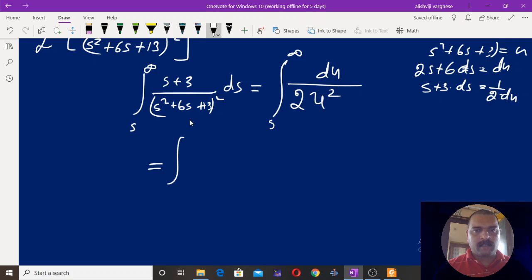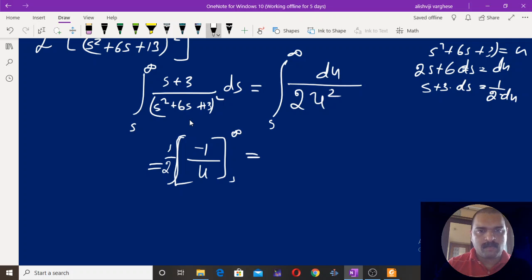So it is the integral of 1 by u square with respect to u, 1 by 2 is taken outside. Then it is minus 1 by u, in between s and infinity.